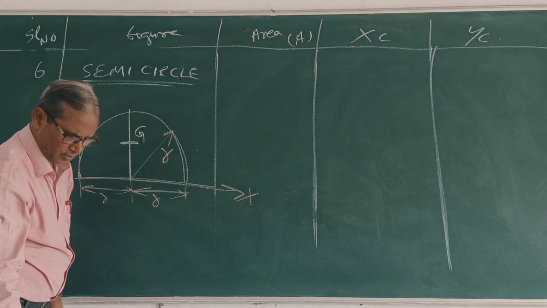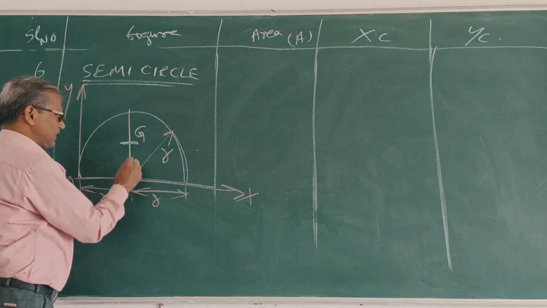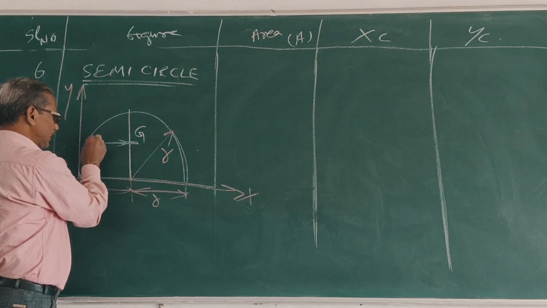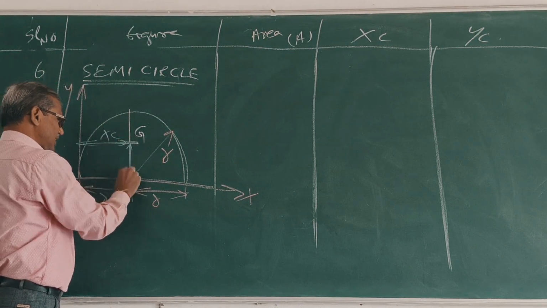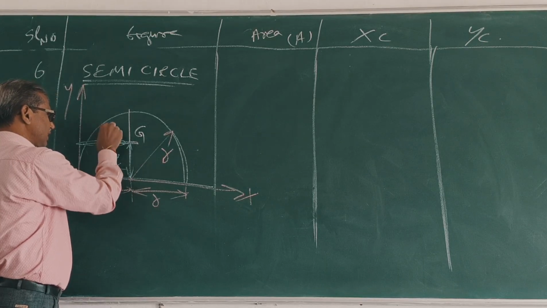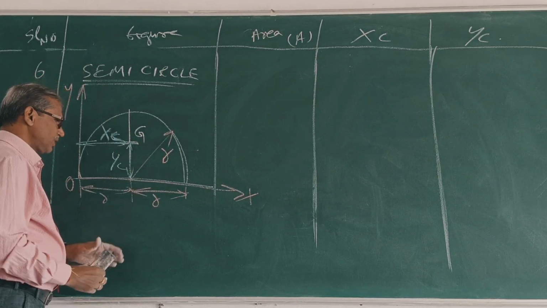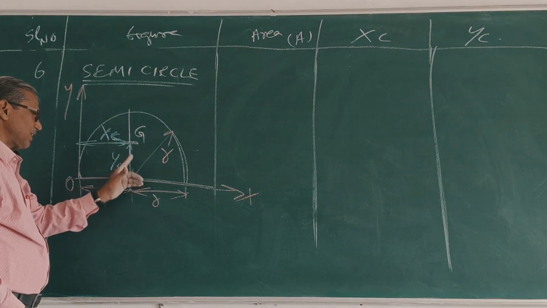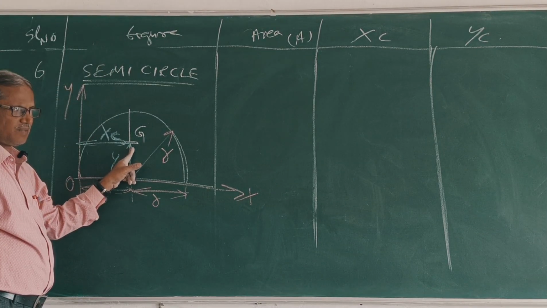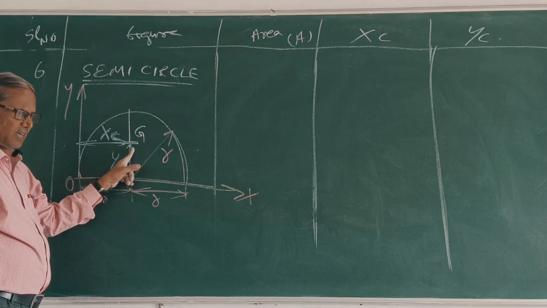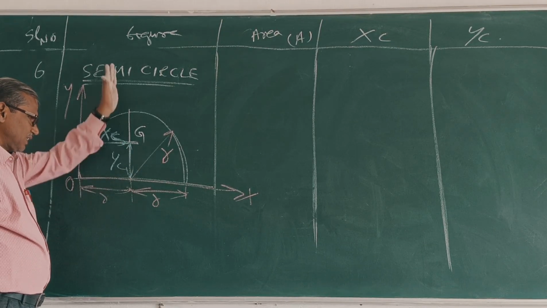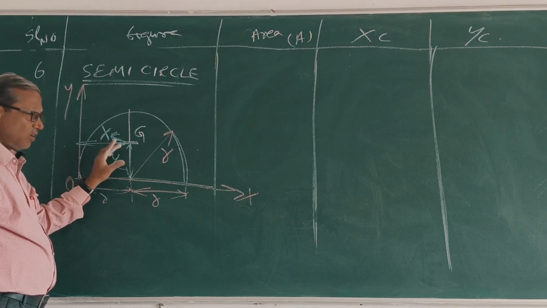Then what is the CG? This is the CG point, so this is xc, this is yc. If this figure is symmetric about the y axis, then the CG lies on this axis, so x is 0, and only yc needs to be found.